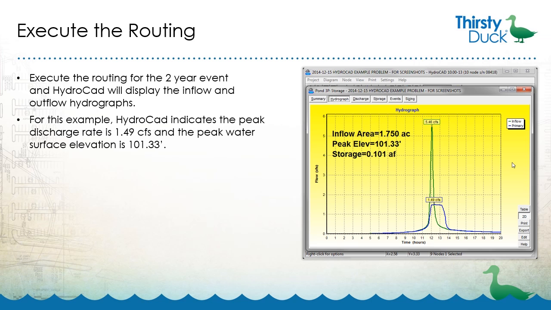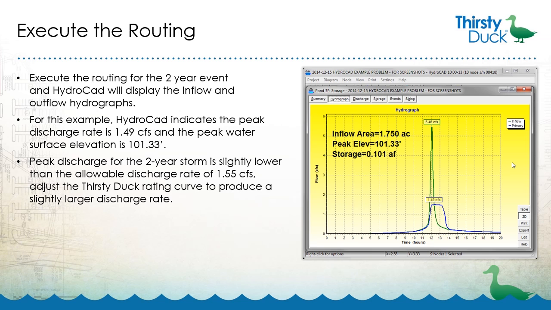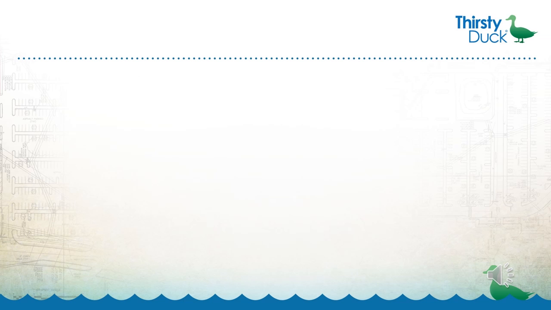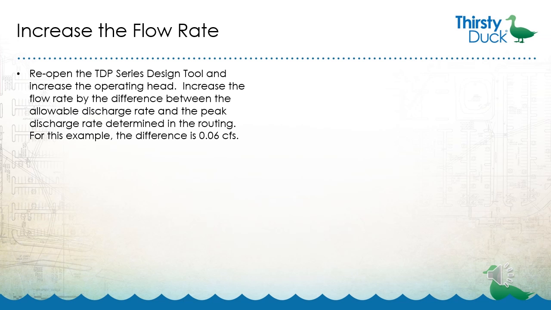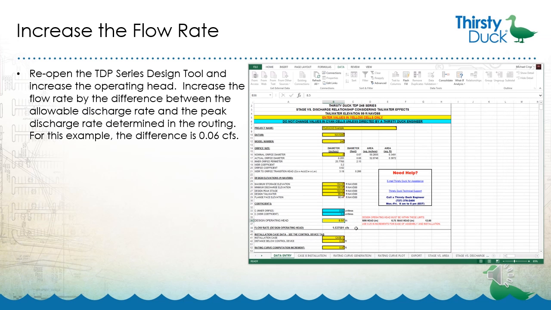101.33. Since the peak discharge for 2-year storm is slightly lower than the allowable discharge rate of 1.55 CFS, it may prove valuable to adjust the Thirsty Duck rating curve to produce a slightly larger discharge rate. Reopen the TDP series design tool and increase the operating head.